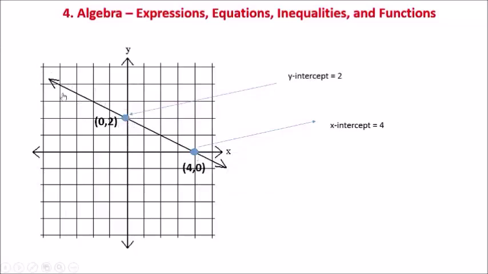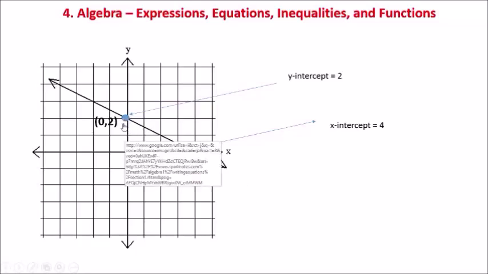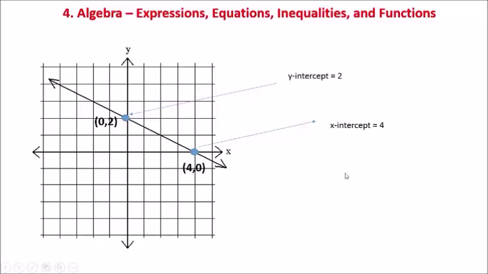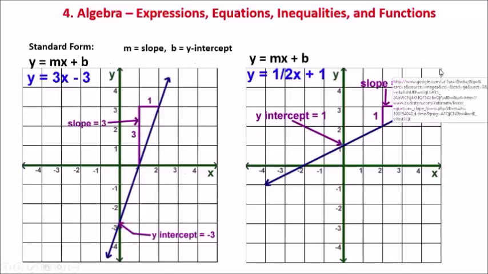And that line cuts the x-axis at 4, 0, so the x-intercept is 4 and the y-intercept is 2. This line is slanting down instead of going up. By looking at the line, you can see what the y-intercept is, where it's cutting the y-axis, and where it's cutting the x-axis, right?